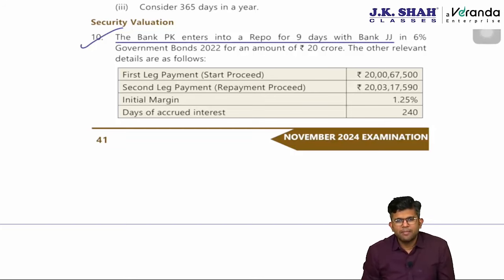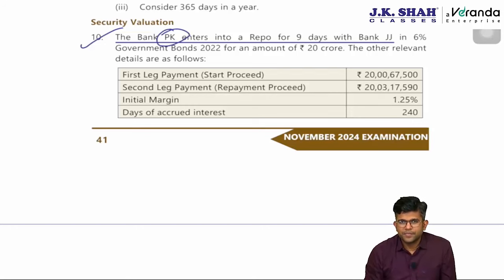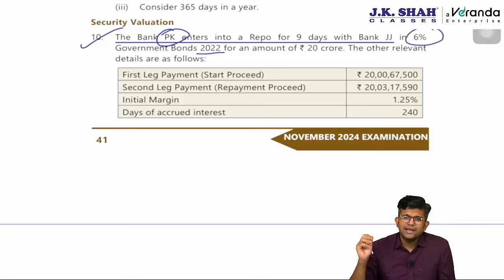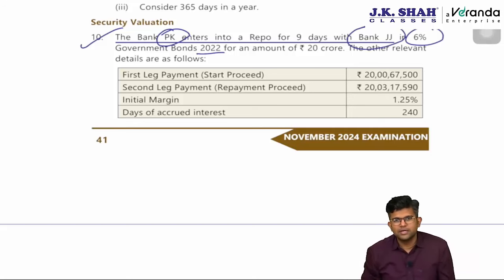To cut it short, bank PK has borrowed loan from bank JJ. Game over. But for borrowing, bank PK sells securities that it owns. It must have invested in some government securities, government bonds 2022 having a coupon of 6% that it sells to JJ and in turn takes a loan.